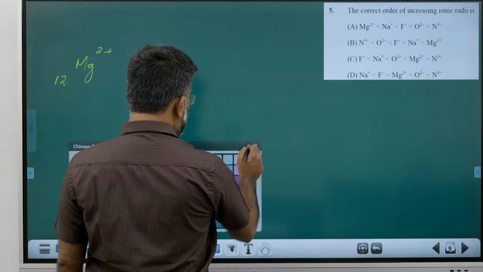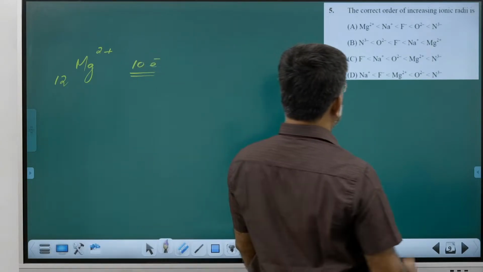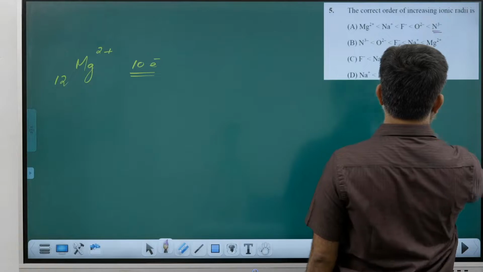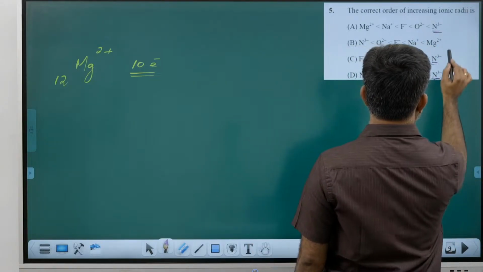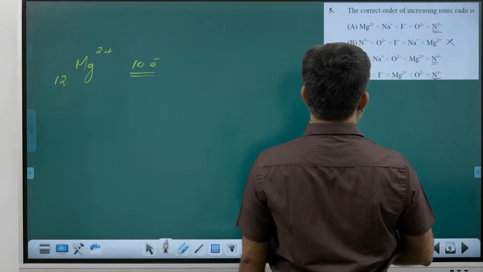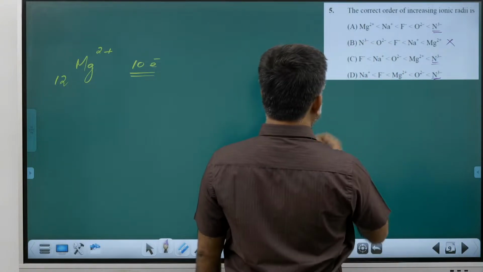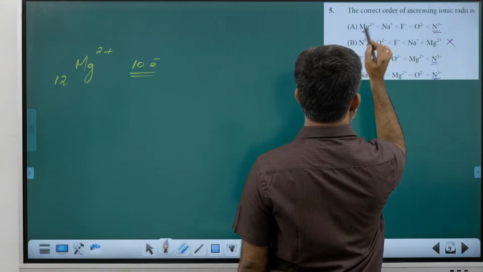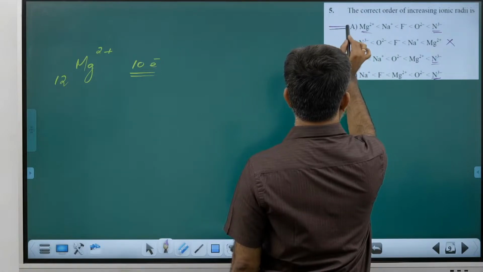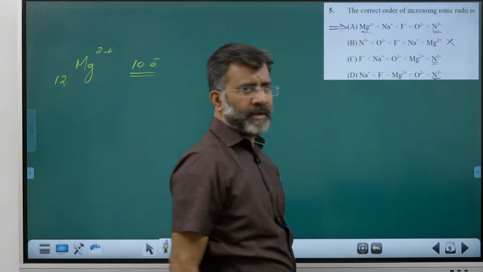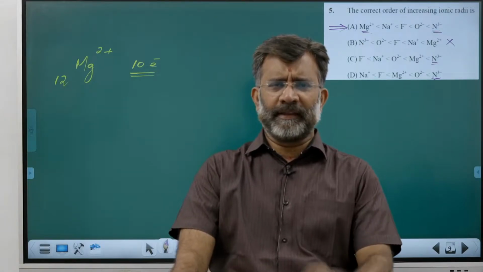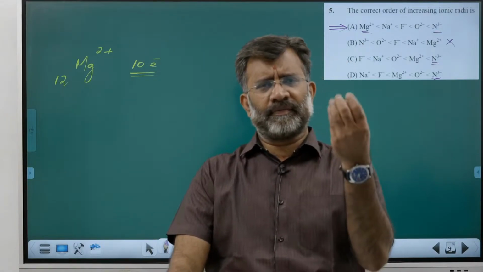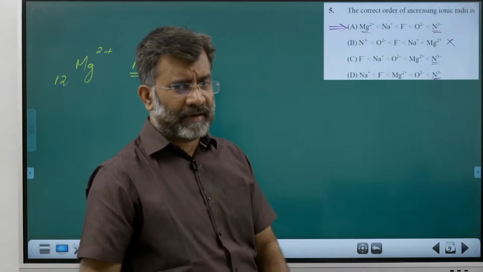The one with the maximum minus character. N3- is maximum, and the minimum will be Mg2+. So we will be selecting option A. Okay, that's a very simple, direct question, and many times a variety of such questions have come.